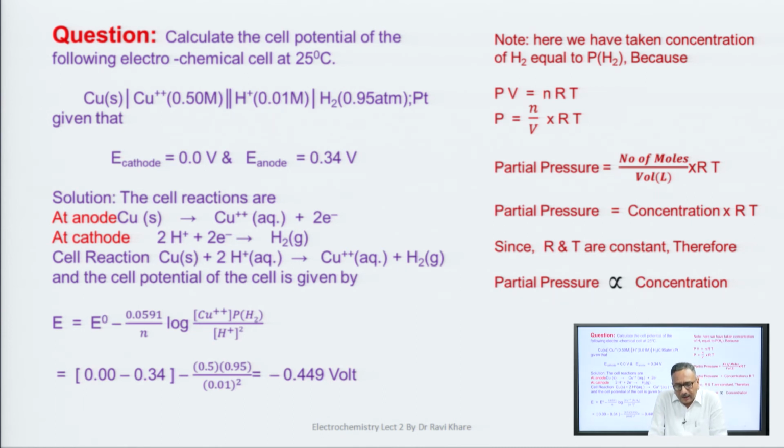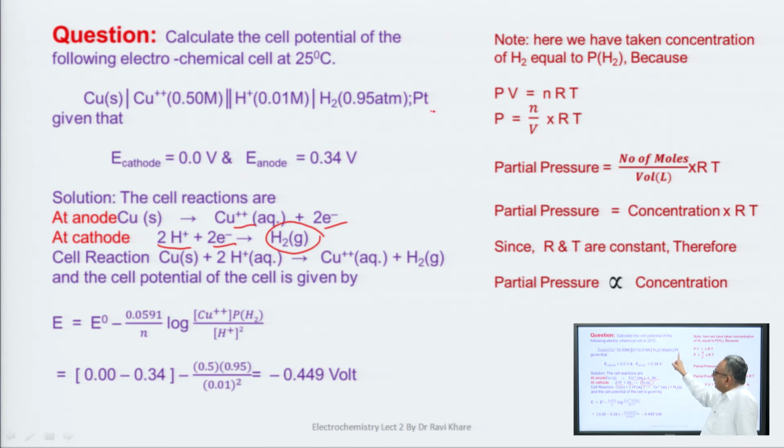Now, at the anode, copper is releasing electrons. Copper has a tendency to lose 2 electrons, then copper becomes Cu++ and 2 electrons are released. Hydrogen ion is getting 2 electrons and becoming hydrogen gas.